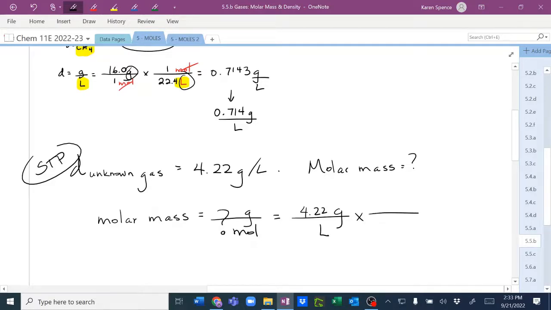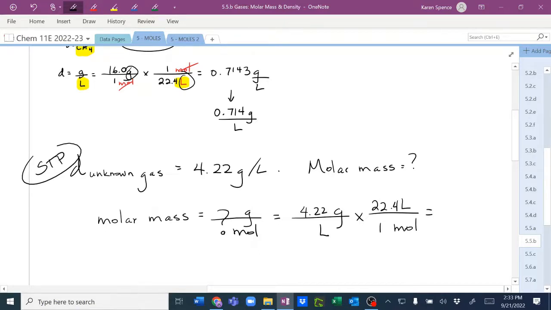We can do that by taking our molar volume. Liters have to go on top, moles on the bottom. Therefore, the 22.4 has to go on top with the liters. 22.4 always goes with the liters.